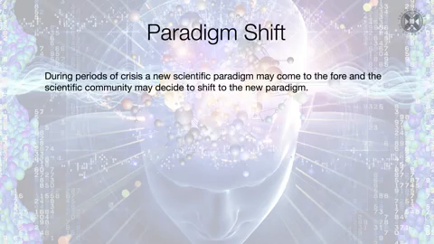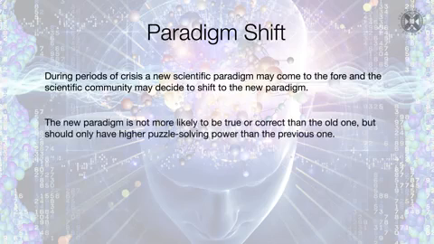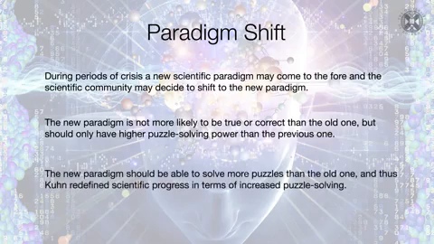Kuhn, however, stressed how the paradigm shift, or the process of theory choice, is not dictated by the superiority of the new paradigm over the old one. On the contrary, Kuhn claimed that the new paradigm should only be able to have a higher puzzle-solving power than the previous one. So the new paradigm should be able to solve the anomalies, solve the puzzles that the previous paradigm wasn't able to solve.